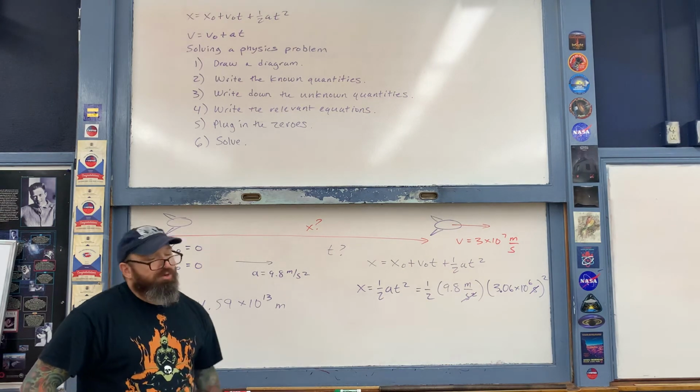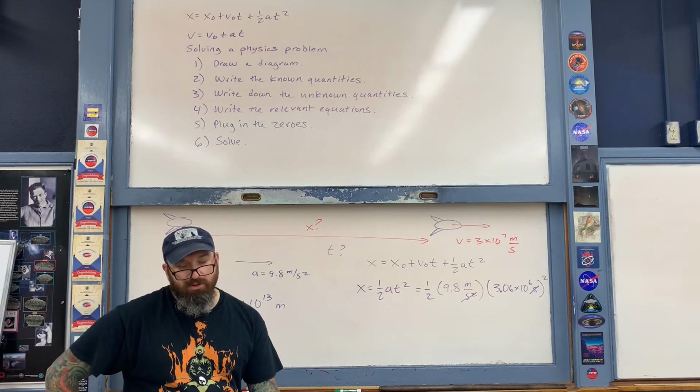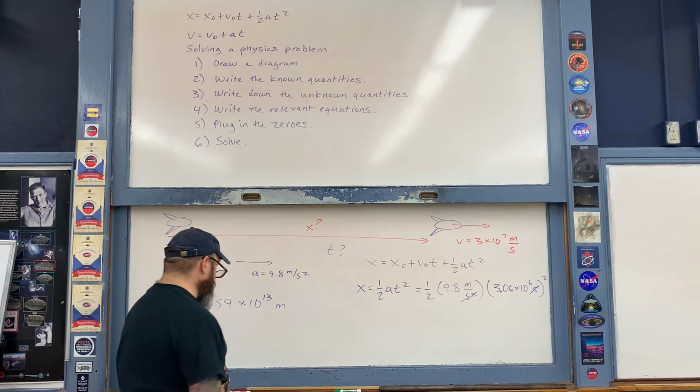So to put this into perspective for us, let's go ahead and convert this into astronomical units. The distance from the Earth to the Sun is the definition of 1 AU. That distance is about 150 million kilometers. That's 1.5 times 10 to the 11th meters. So now let me go ahead and do this conversion by doing the following.